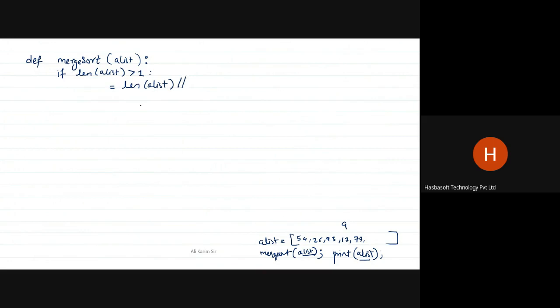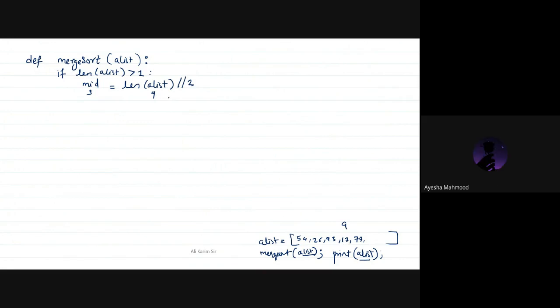So I need to take the floor value, divide it by 2 and get my middle value. Suppose my array size is 9, so it will give me 4 or 3. Clear? So far it is clear.